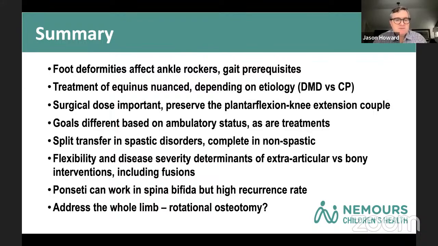Split transfers for spastic disorders, complete for non-spastic. Your flexibility is important to determine whether or not you can do soft tissue procedures, or extra-articular versus bony fusions. You can use Ponseti in spina bifida, but you have a high recurrence rate, and please address the whole limb. Think of the whole thing.